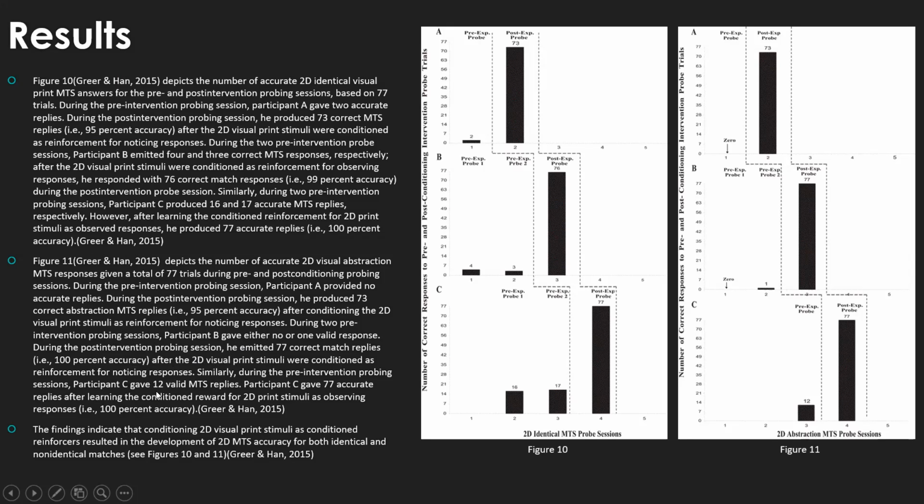And participant C gave 12 correct responses pre-intervention, and post-intervention, he gave 77 accurate replies. The findings indicate that conditioning 2D visual print stimuli as conditioned reinforcers resulted in the development of 2D MTS accuracy for both identical and non-identical methods.